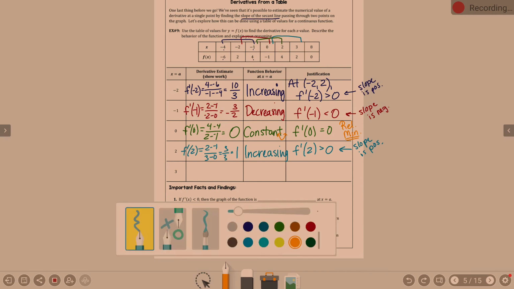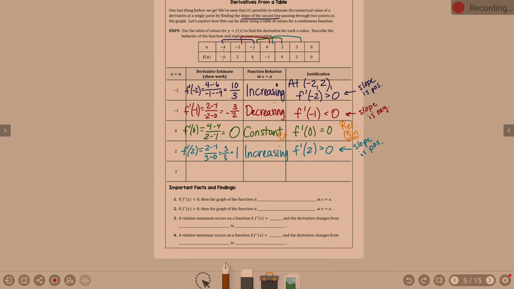Okay, I've got one more here, right? F prime of 3.